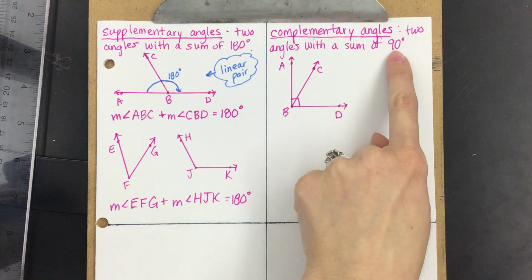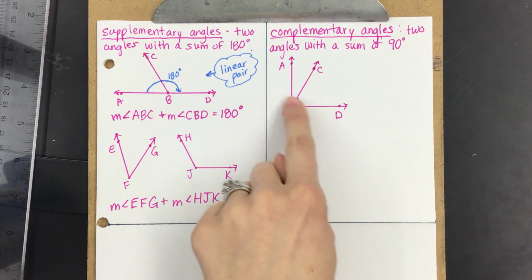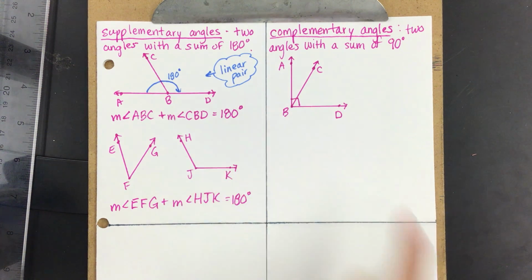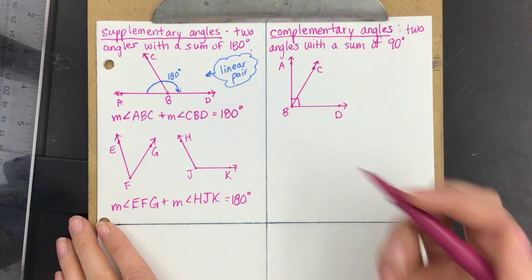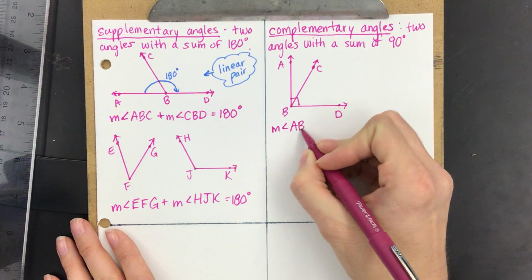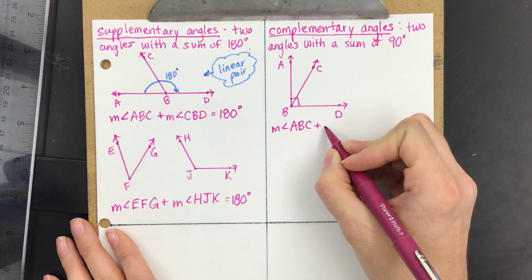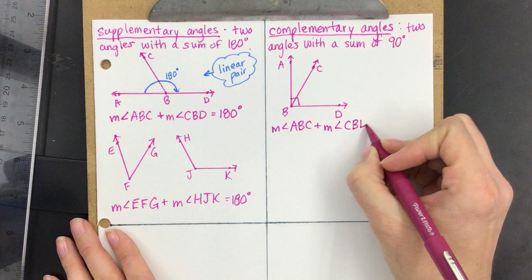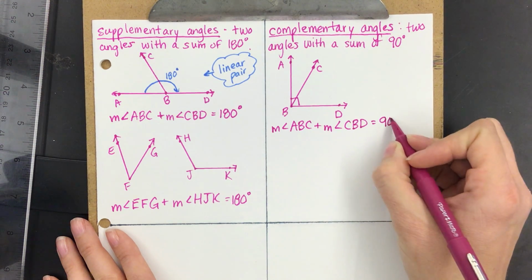And since complementary angles add up to 90 degrees, if you see this, you know that this angle and this angle are complements of each other. Okay, they add up to 90. So what we can say is that the measure of angle ABC plus the measure of angle CBD is equal to 90 degrees.